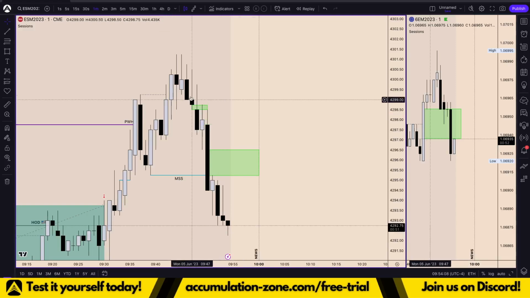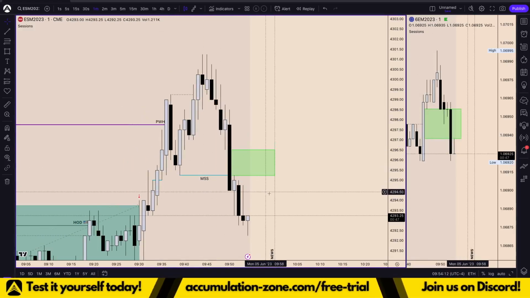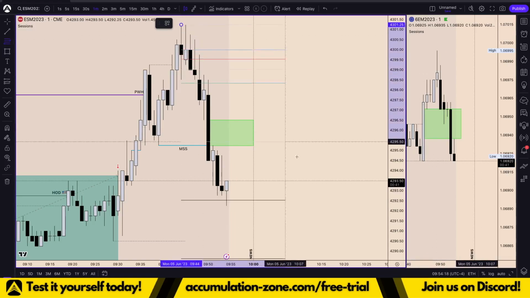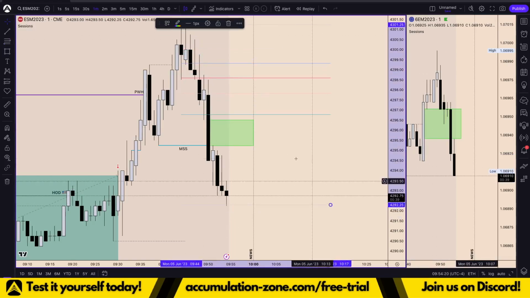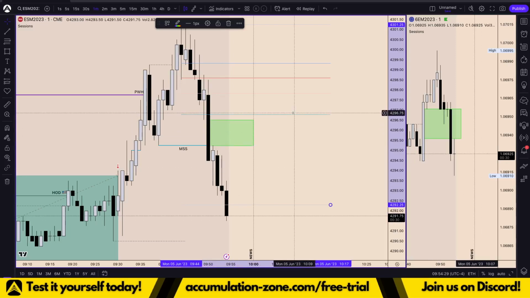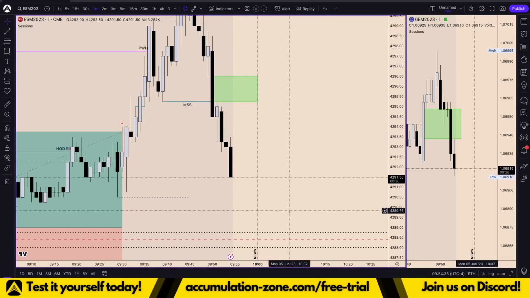I'll close that. So let's see. If we look at a retracement, I don't like those two equal highs above here. This would be it, the fair value gap below the 50% level. Those are not my preferred entries, but it looks like we're just going to drop before the news.